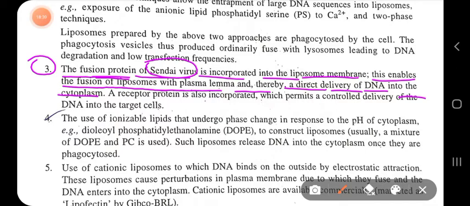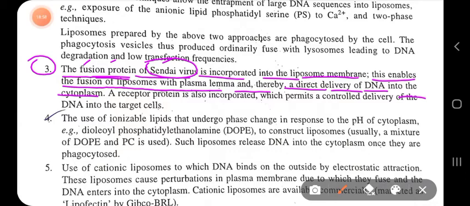Okay, so here no phagosome will be produced directly when we are using the Sendai virus fusion protein. When we are using Sendai virus fusion protein in the liposomes, the liposomes fully fuse. It does not form endocytosis. It does not form vesicles inside either.